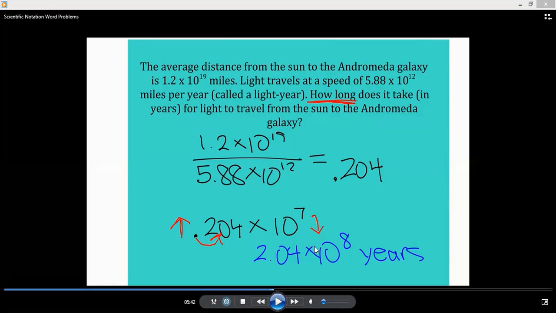This one should be 10 to the power of 6 because we have to decrease. So we will move to the right, so we will decrease this exponent, or we will add -1 to this one. So the answer will be 2.04 times 10 to the power of 6. Let me write something here.